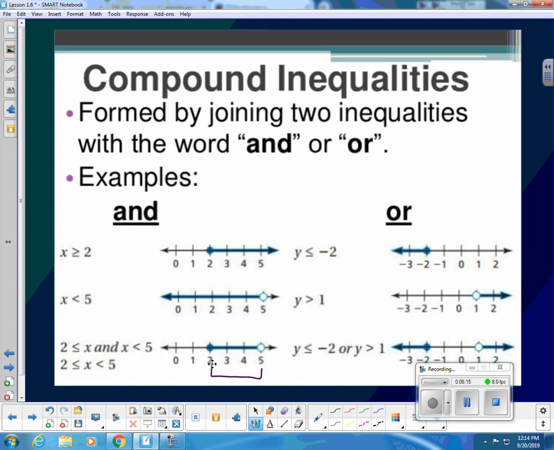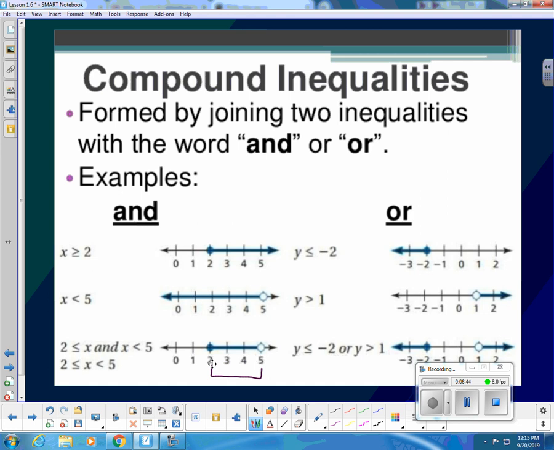So once in a while, an and will not have a solution because there will be no number. It won't be between two. It'll be like they miss each other. And the or sometimes becomes an all real solution, if they actually end up crossing. Okay?